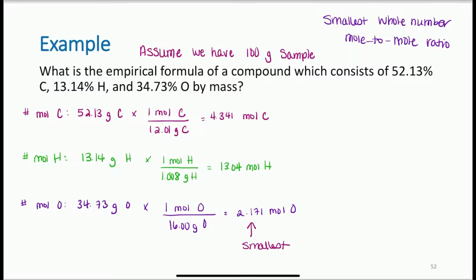So I'm going to divide everything by the number of moles of oxygen. Carbon, 4.341 moles of carbon divided by 2.171 moles of oxygen gives me an answer of 2.002. I'm going to round this to 2 because I need a whole number. That means that I have 2 carbons for every 1 oxygen.